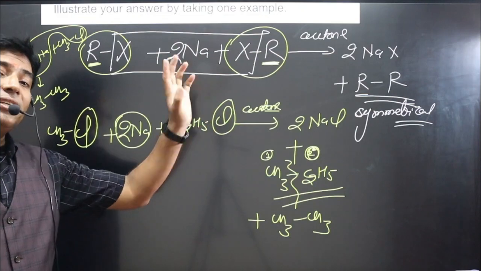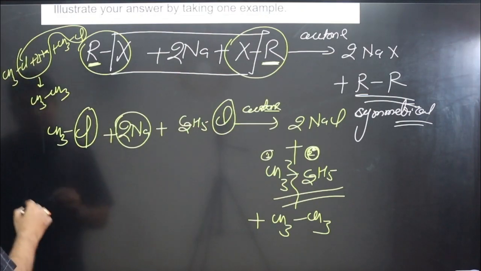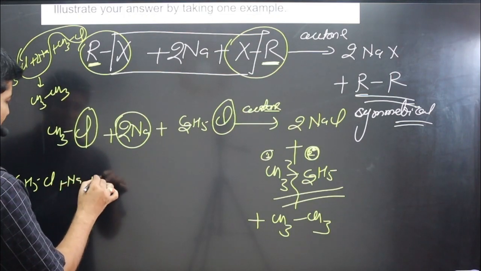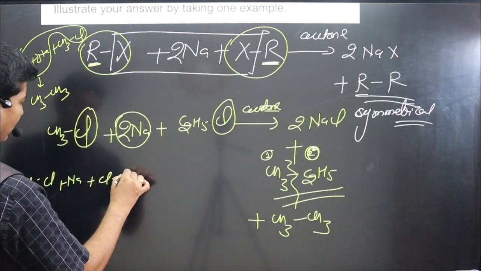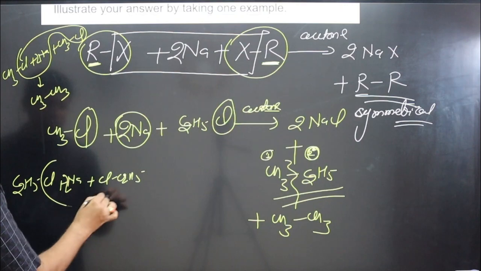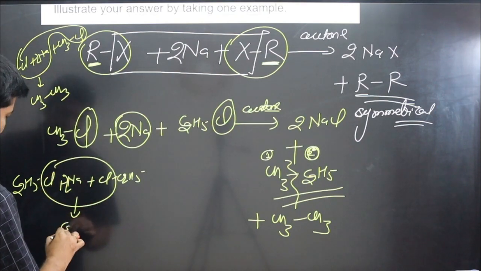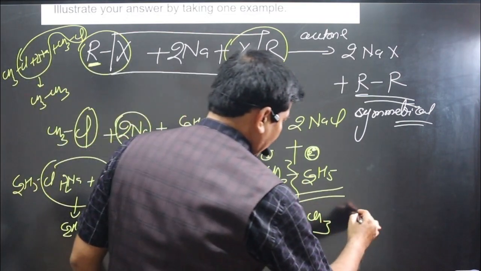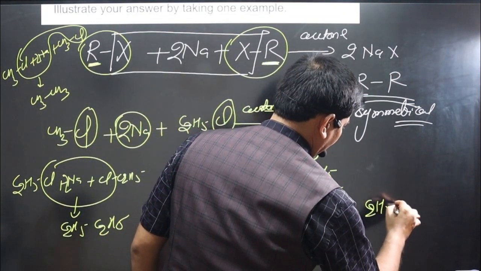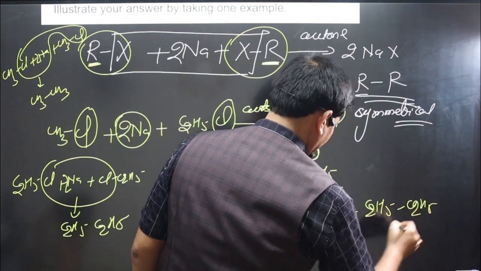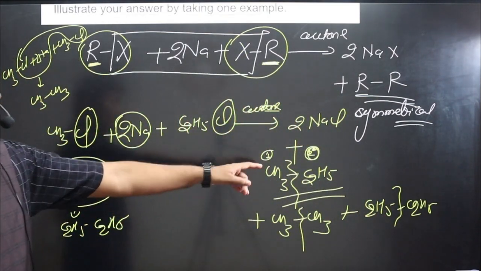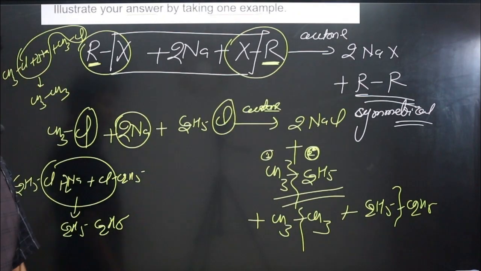This molecule will start reacting with itself. So again we take C2H5Cl plus Na, same process, take two molecules, this portion is segregated. From here we got C2H5C2H5, another product. This is symmetrical, this is also symmetrical. Two symmetrical alkanes are there and one unsymmetrical alkane is there.